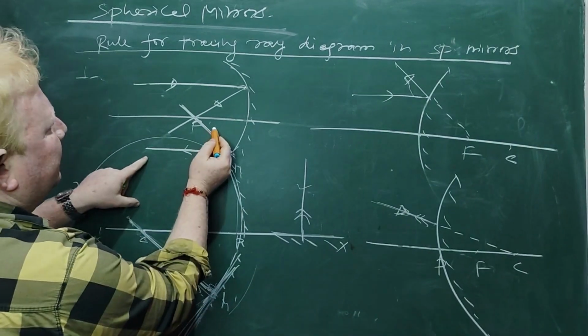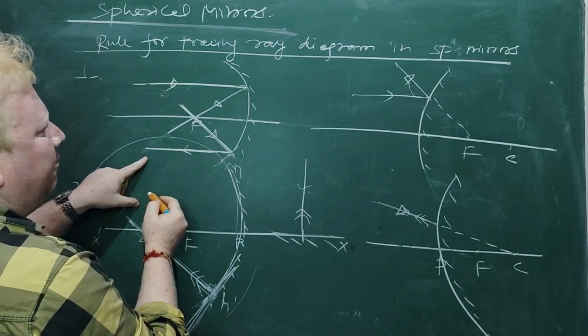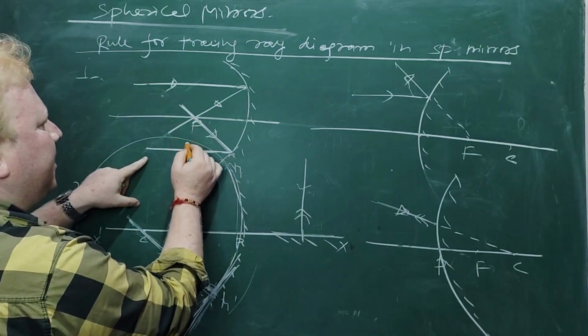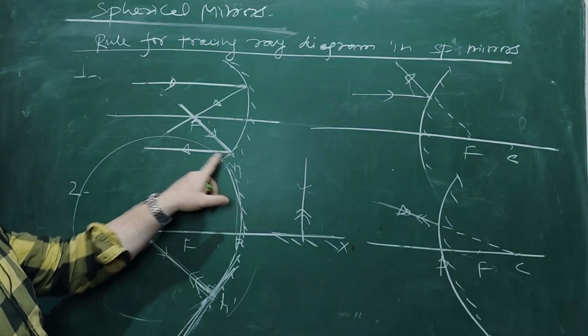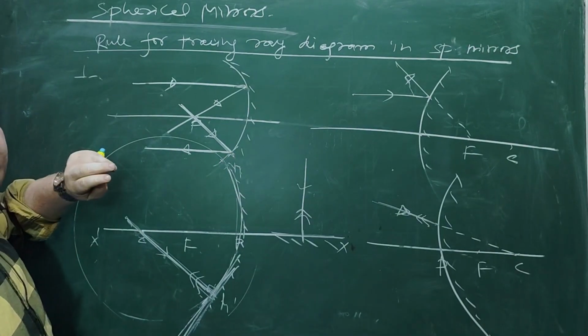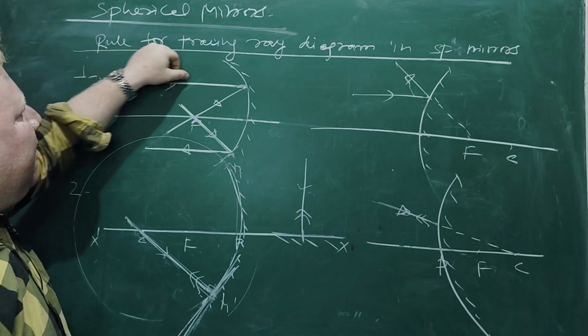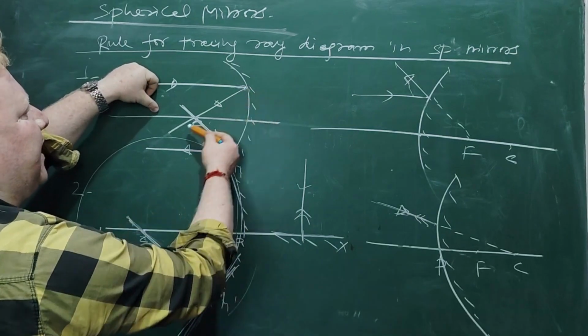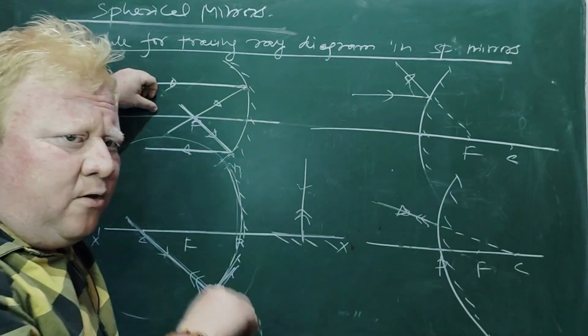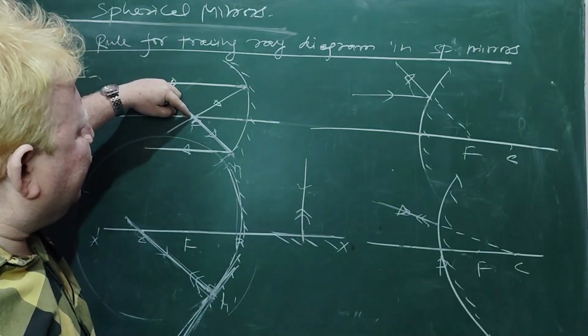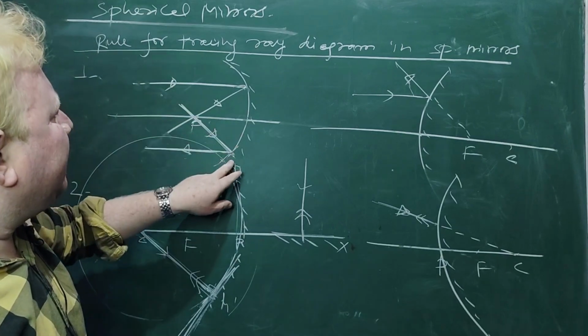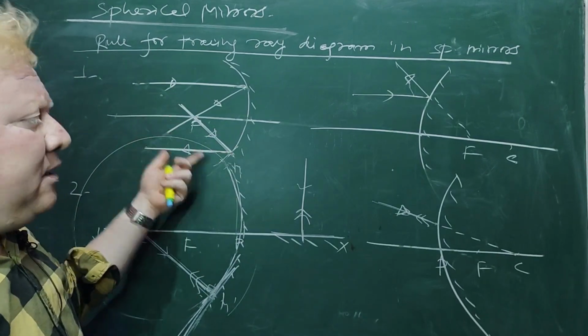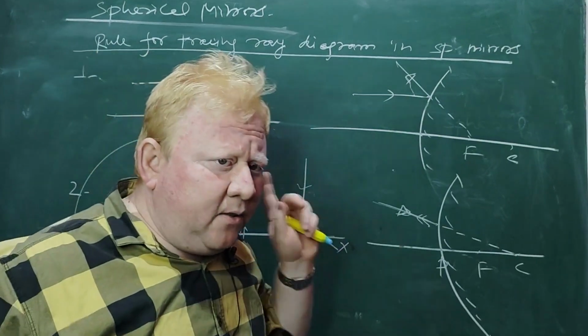You can see how one light ray was coming. If a light ray coming parallel to the principal axis passes through the focus after reflection, the reverse is also true. Any light ray passing through the focus, after reflection, will go parallel to the principal axis.